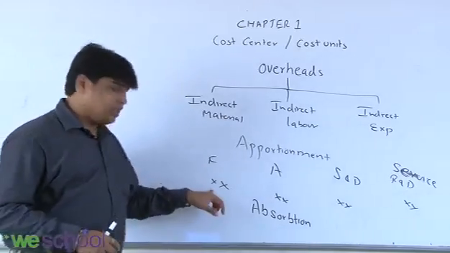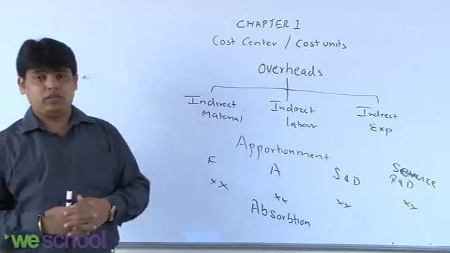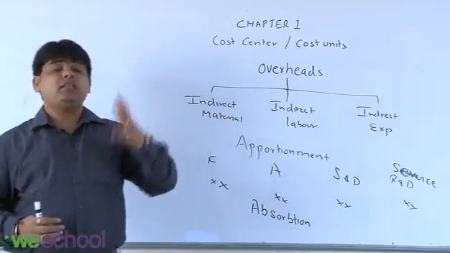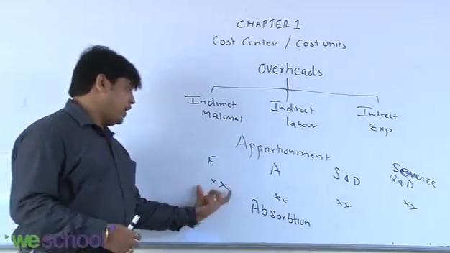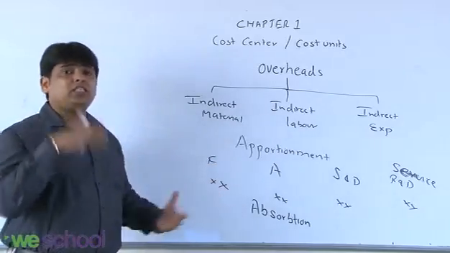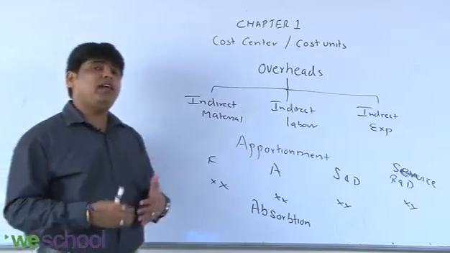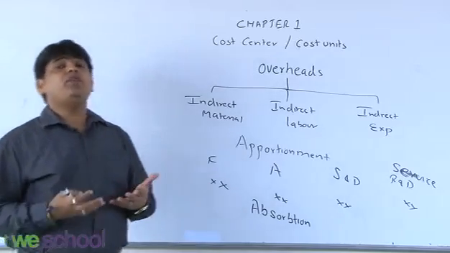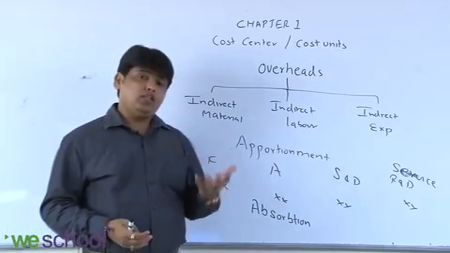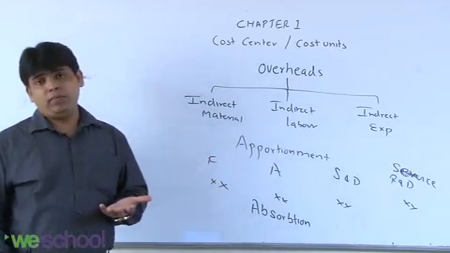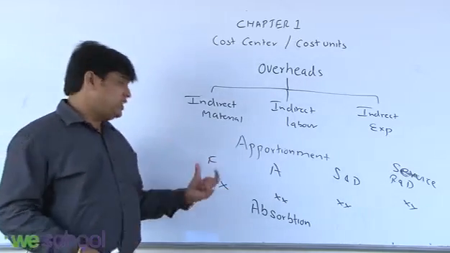I can also distribute this on the basis of sales amount. So there are different methods on the basis of which I can absorb these particular expenses to my product. It totally depends on experience and which method is more effective, which is known to the cost accounting department people, and on that basis they take the decision.